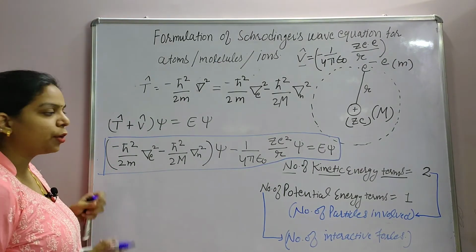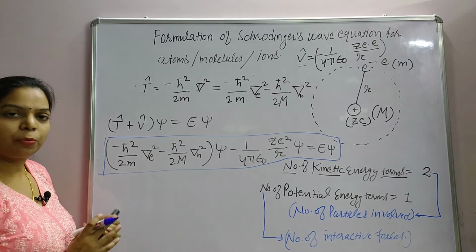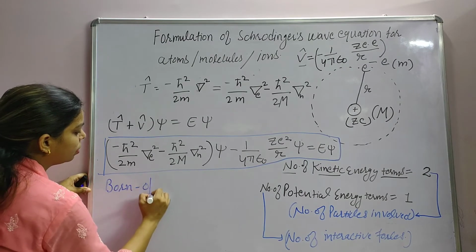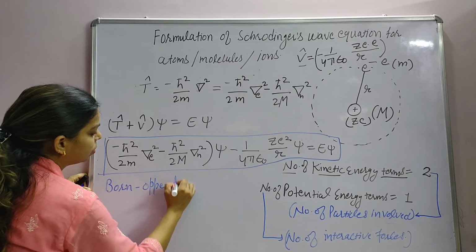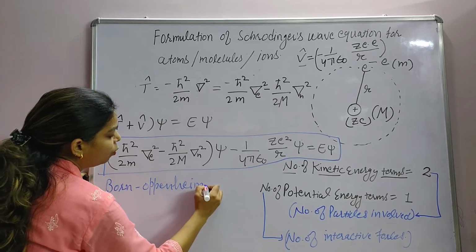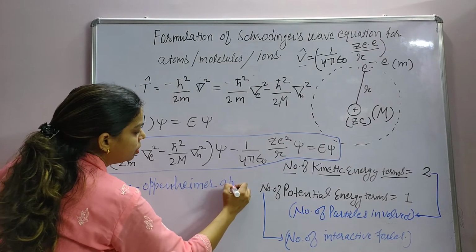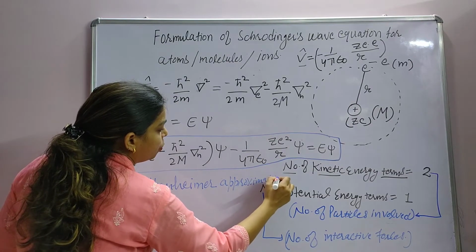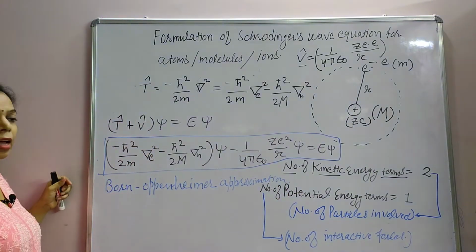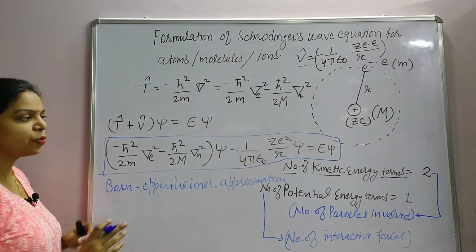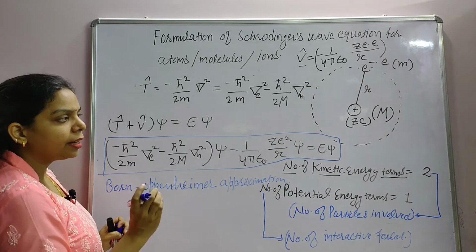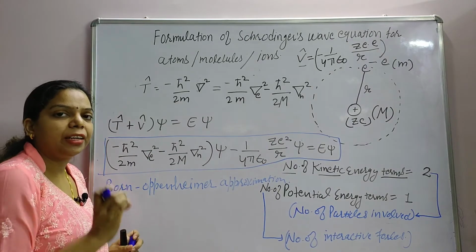After writing this equation, we can apply some approximation, which is Born-Oppenheimer approximation, which says as mass of the nucleus is very large as compared to electron, the kinetic energy of the nucleus will be very small.